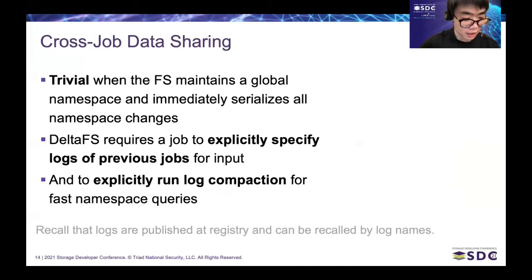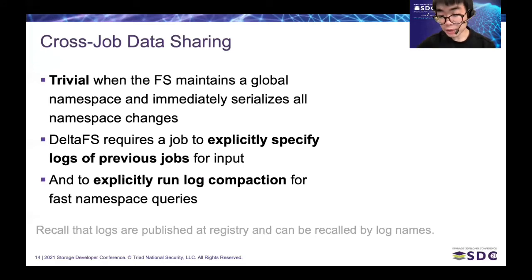Now let's talk about cross-job data sharing. Previously we focused on single job performance. For different jobs that need to see each other's data, we have a producer job that writes something to the storage, and then a follow-up consumer job wants to read the output of the previous job.